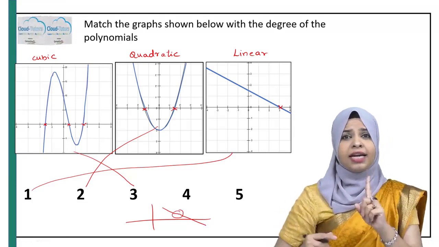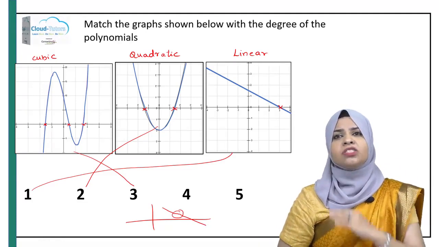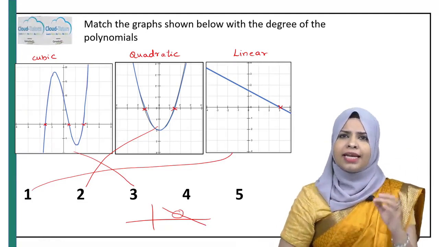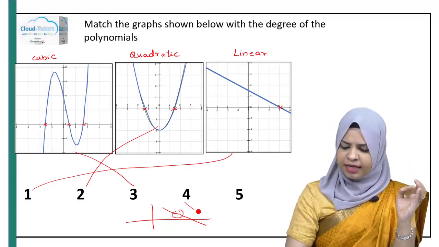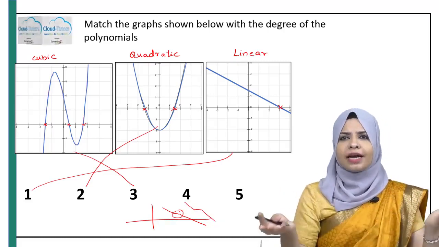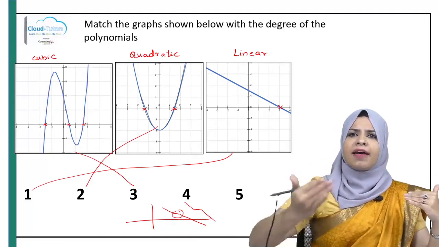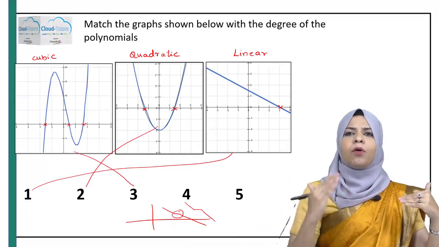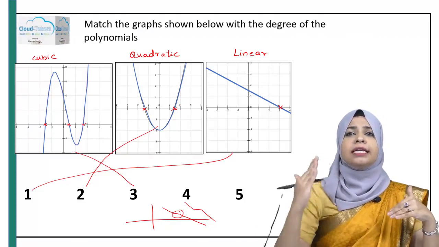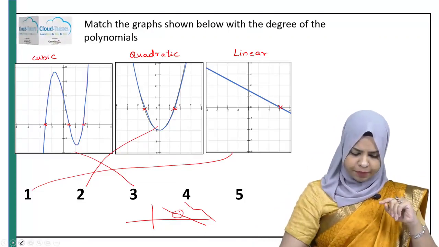Then it is definitely a line graph, but not a linear graph. Linear means straight line. It is a line, but it is not a straight line. Therefore there is a difference between a linear graph and a line graph, and for a polynomial we always plot a linear graph and not a line graph. I hope this is clear with you all.